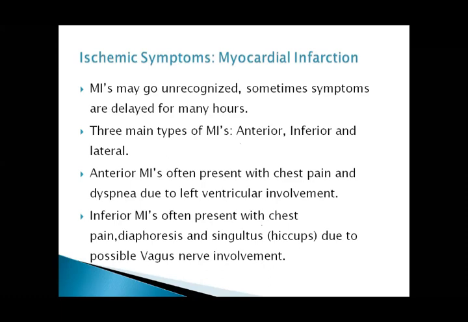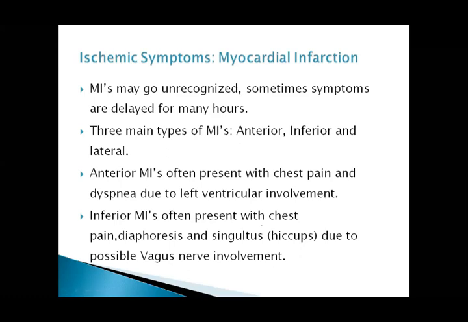This is talking about which side of the heart it is occurring on. Most commonly you will get MI on the anterior, inferior, and lateral side of the heart. Anterior MI often presents with chest pain and dyspnea due to left ventricular involvement.